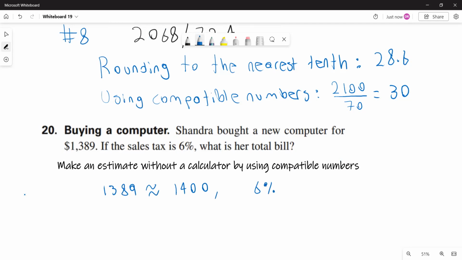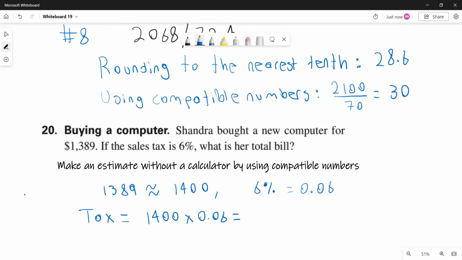So 6% as a decimal is 0.06. Okay, so the sales tax is going to be 6% of 1,400.